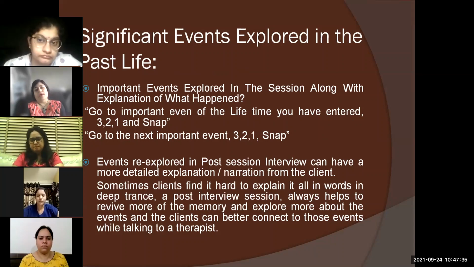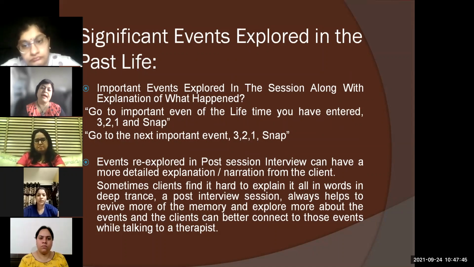Okay. Now, in a past life regression, the standard way in which I have learned and I have seen it applied by various regression therapists or even QHHT practitioners or LBL, okay? When a client enters into a past life, their significant events, the most important life events, is always to be explored.